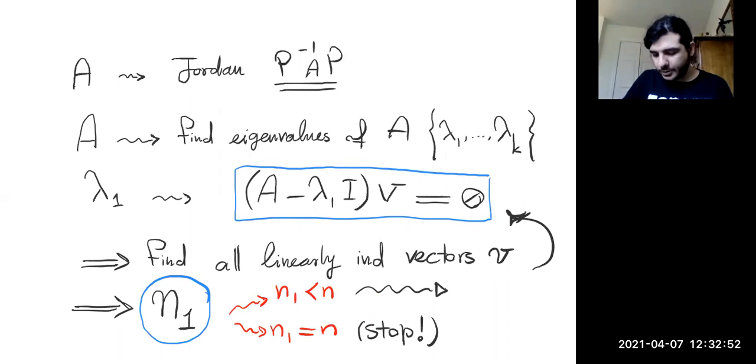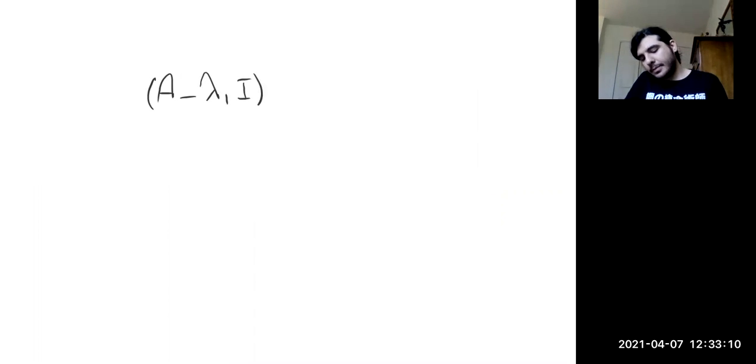What are we going to do? Remember, we looked at this equation, A minus lambda 1 I times v equal to 0. If n1 is less than the algebraic multiplicity, what we would do is that we would look at a very similar equation. Not exactly this equation again, we would look at this new equation.